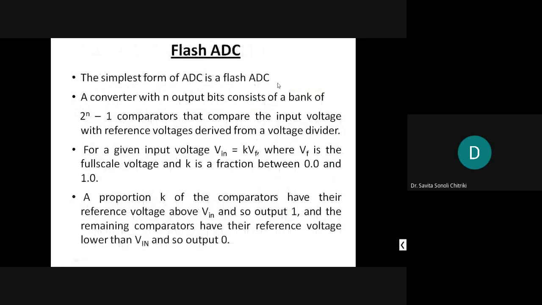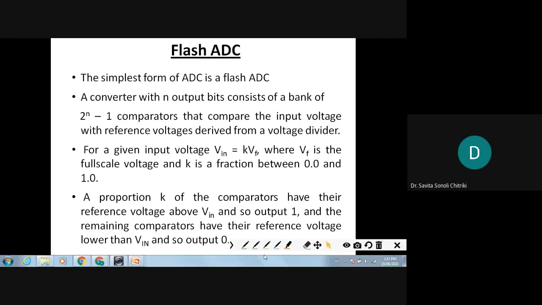The simplest form of ADC is a flash ADC. A converter with n output bits, and this is very important, consists of a bank of 2 to the power n comparators. So this is very important.